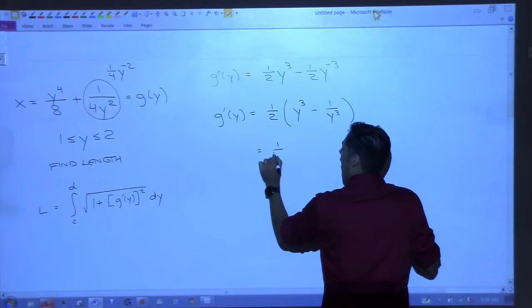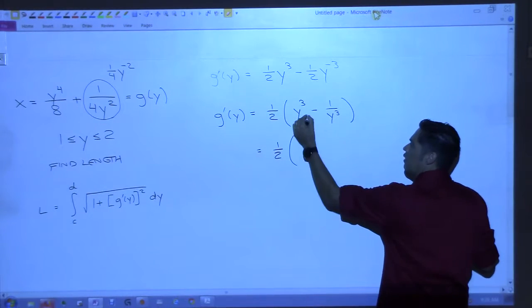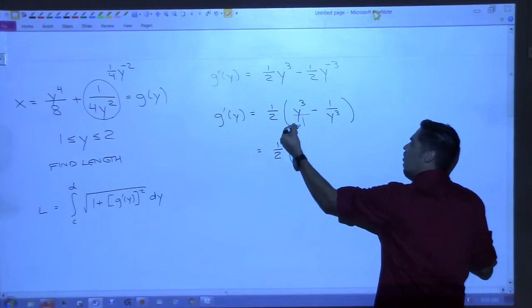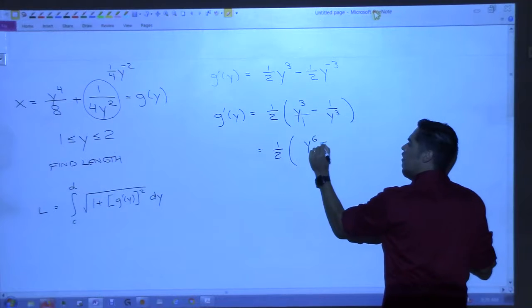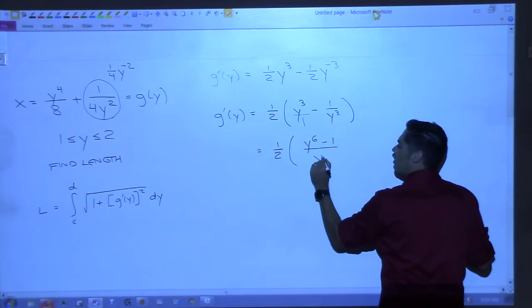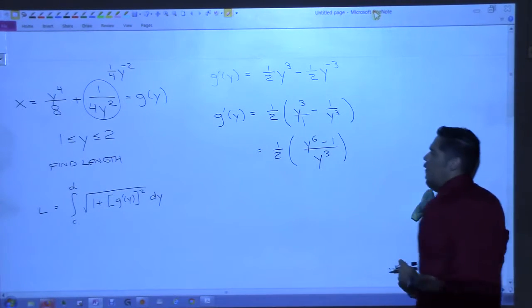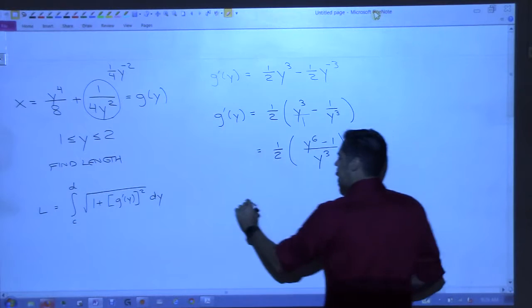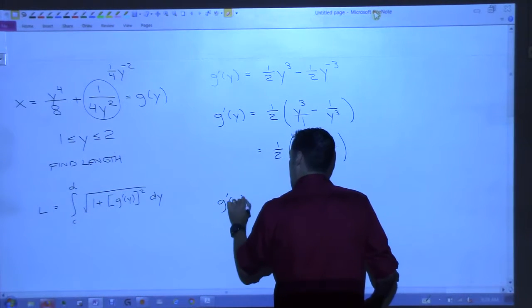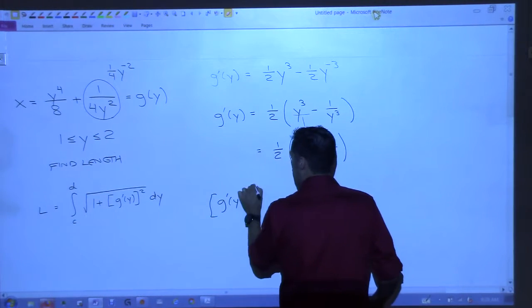This is going to be 1/2, and then I have to look at this as being over 1, y cubed on top and bottom. So y to the 6th, then minus 1 over y cubed. Okay, so that is my derivative written a different way, yes? And now if I square this, if you don't like what I'm doing right here, you can just do what we did on the last one.